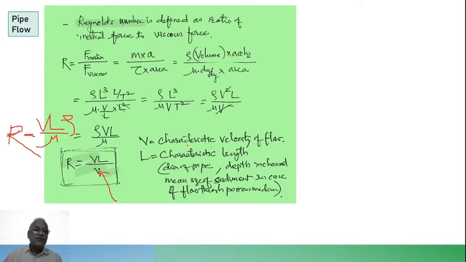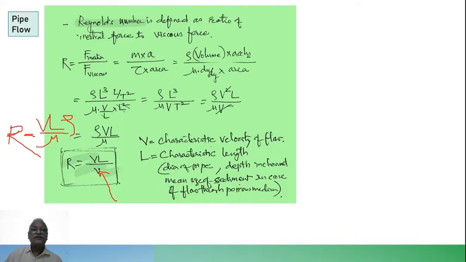So V is called the characteristic velocity of the flow, right? And L in the expression is known as the characteristic length. If it is a pipe flow, then it is the diameter. If it is an open channel flow, then it is the depth in the channel.